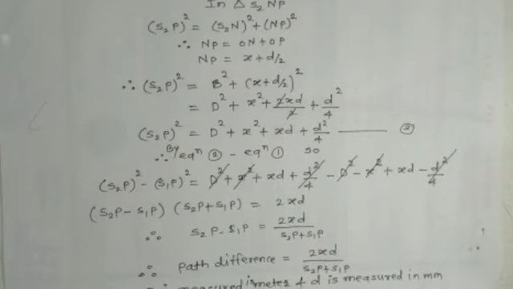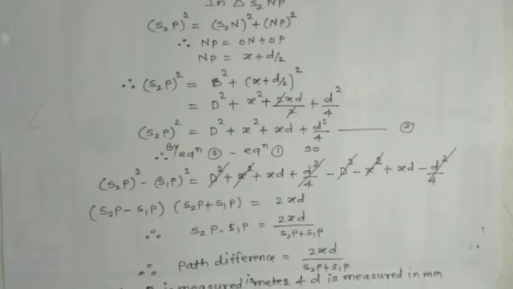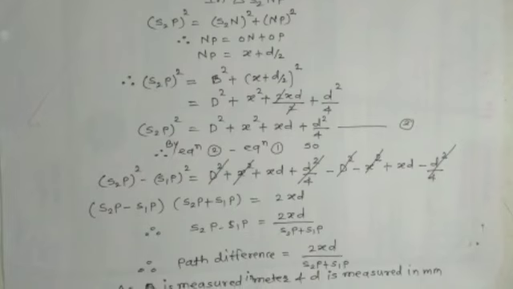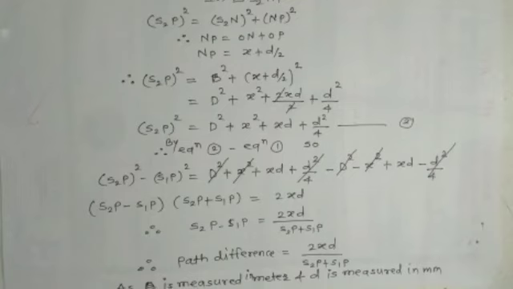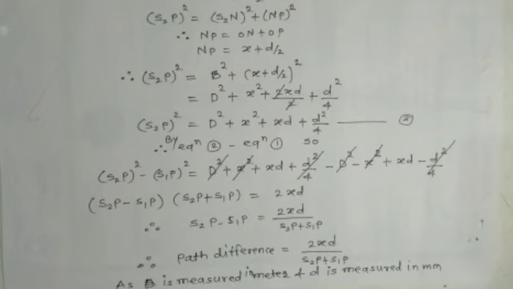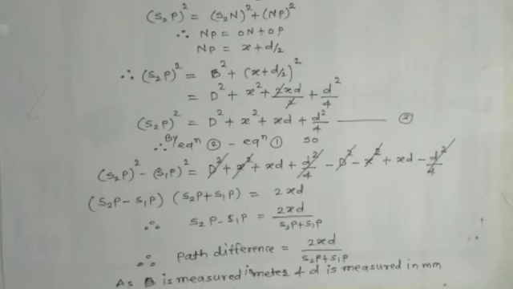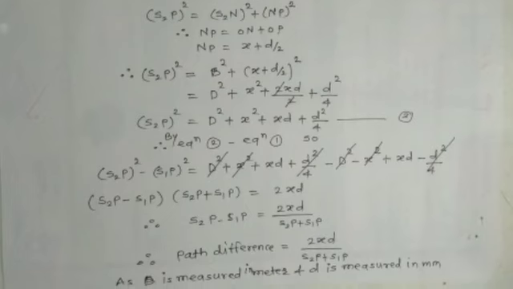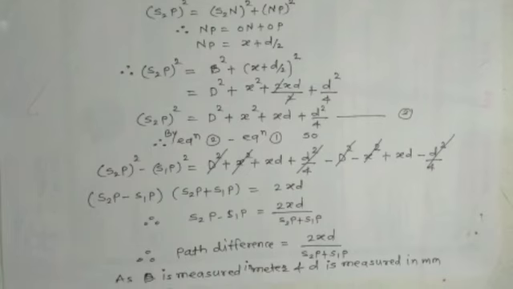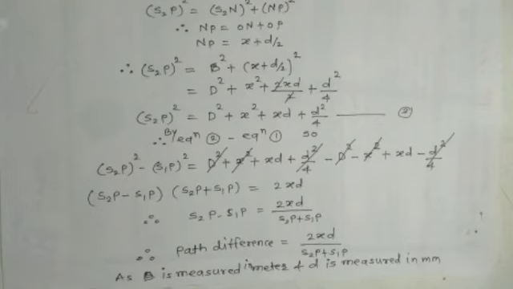So we can factorize. It becomes (S2P minus S1P)(S2P plus S1P) equal to 2xd. Therefore S2P minus S1P equal to 2xd upon S2P plus S1P. Therefore path difference equal to 2xd upon S2P plus S1P.